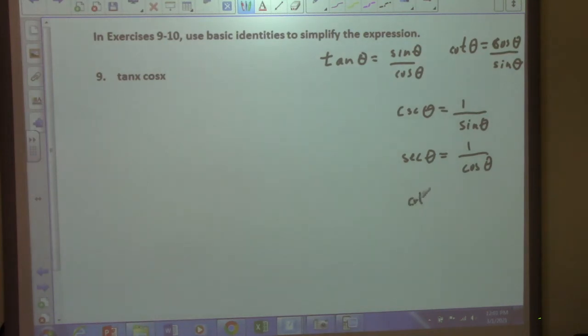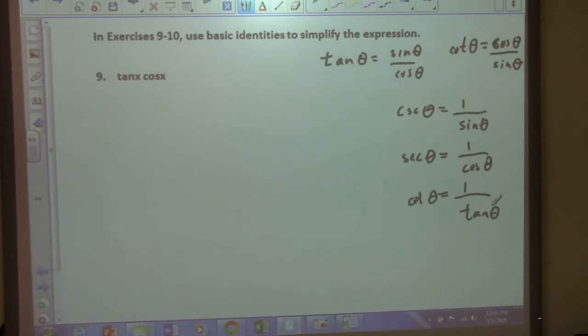Cotangent theta equals 1 over tangent theta. We also introduced last week the Pythagorean identities, so we're going to be using some of those too. So we're going to compile these together here.